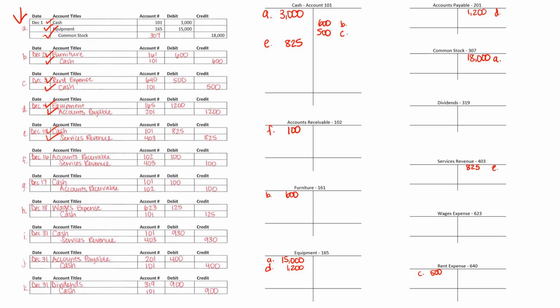And services revenue credited $100. G, cash debited $100. And accounts receivable credited $100. H, wages expense debited $125.